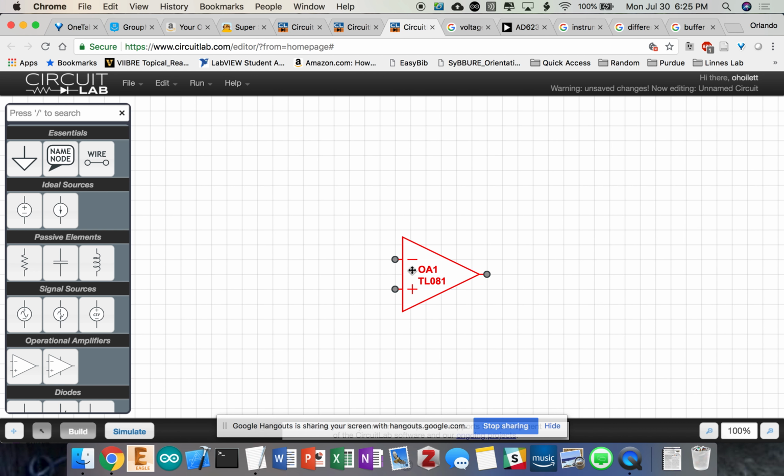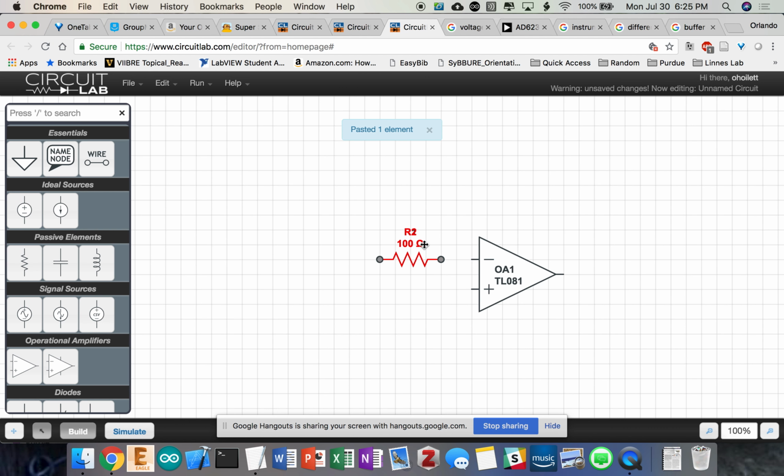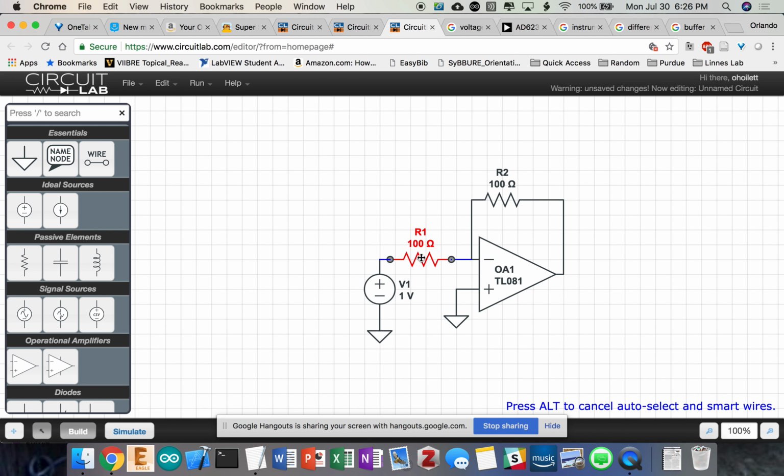So this amplifier I'm about to make is called an inverting amplifier. It'll take me a while to make it just because the feed is making things kind of slow. So this is called an inverting amplifier.